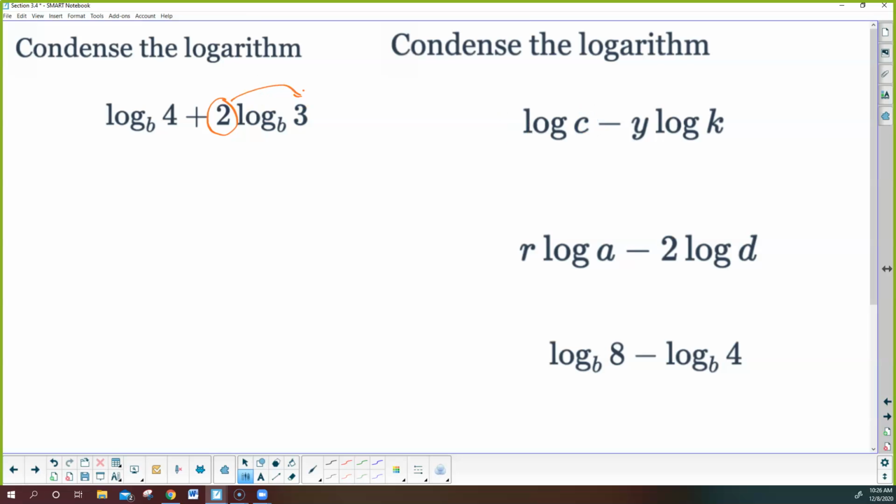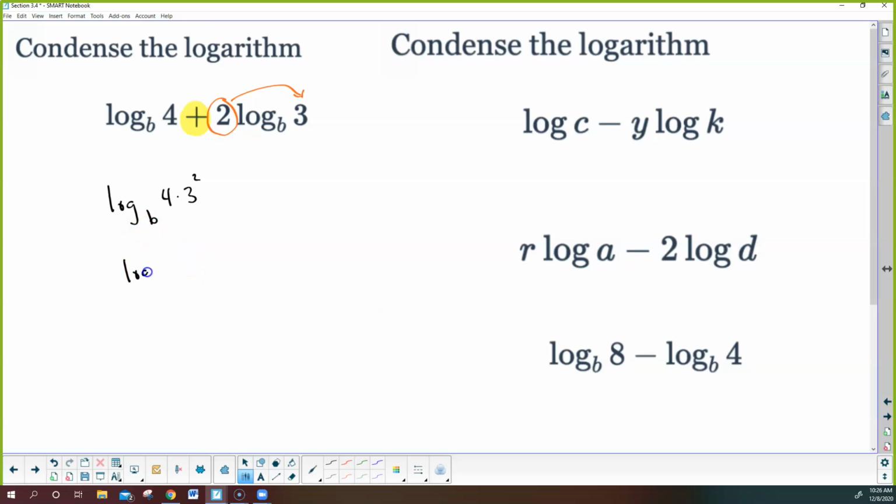So with this first one, I know that the 2 is going to come up here, but I also know that the addition came from a product. So we're basically following these rules, and I'm going to do the product, well, kind of first. This is 4 times 3, but the 2 has to go up here for the 3.